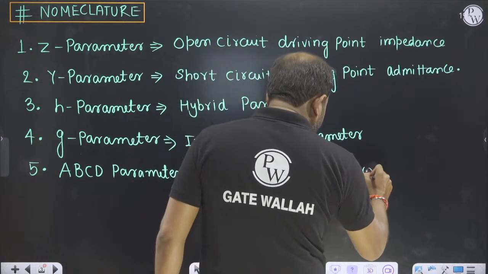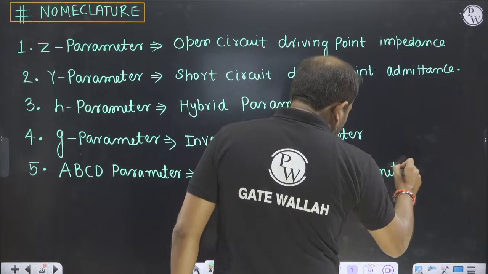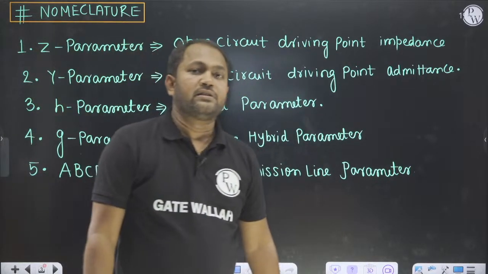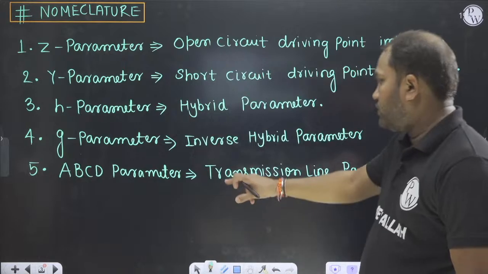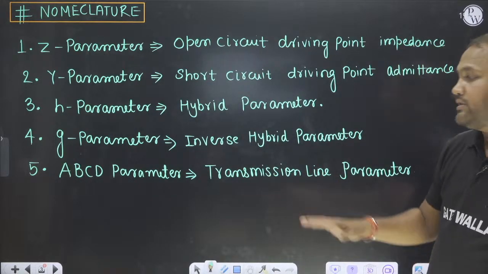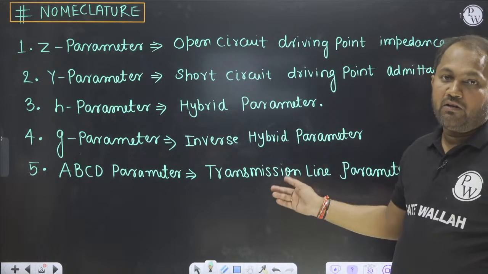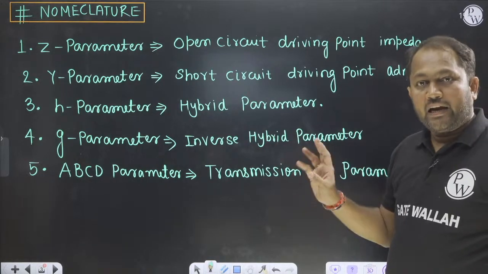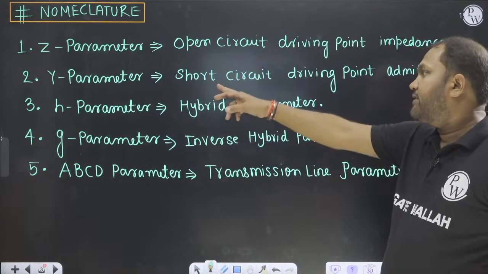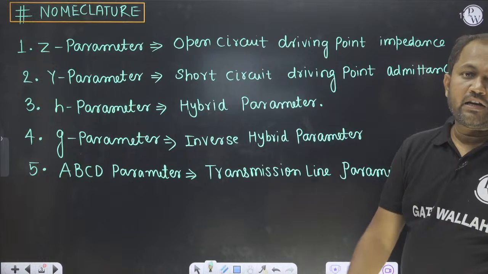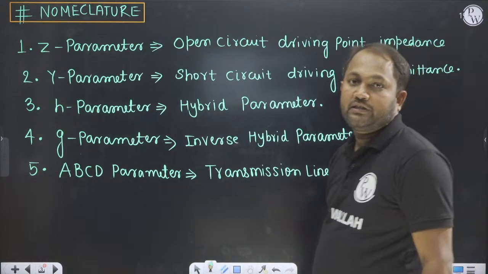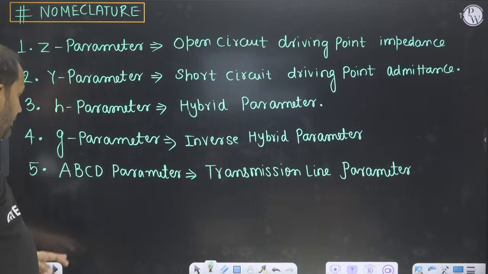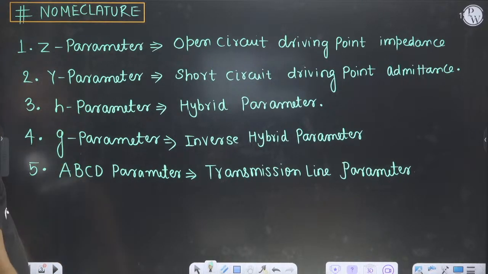It is very useful during the calculation of transmission line in power system and EMFT. Hybrid parameter is useful in analog electronics, BJT, and short circuit parameter and open circuit parameter is useful in network solving approach, problem solving approach. It will give you a good idea.